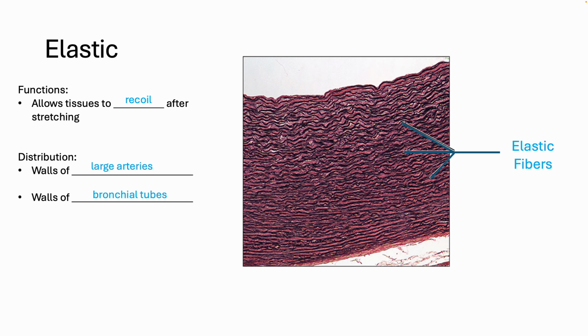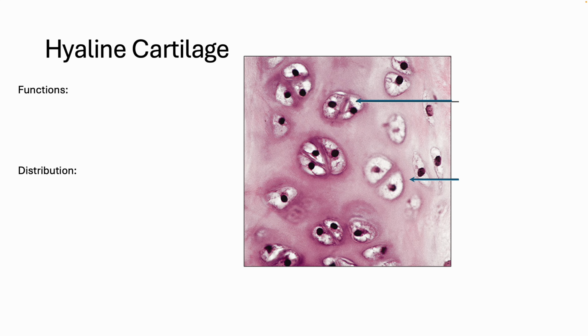You find these in the walls of the large arteries like the aorta, as well as the walls of the bronchial tubes, thus aiding in the passive recoil of lungs following inspiration and helping to maintain the pulsatile flow of blood through the arteries.